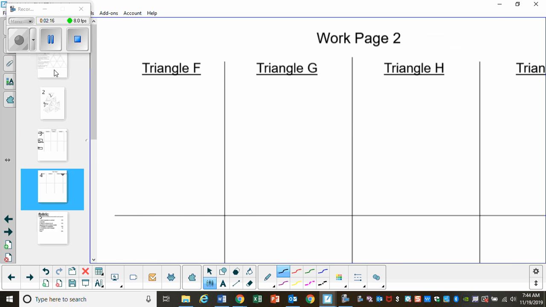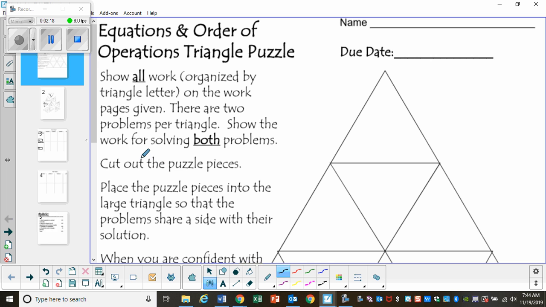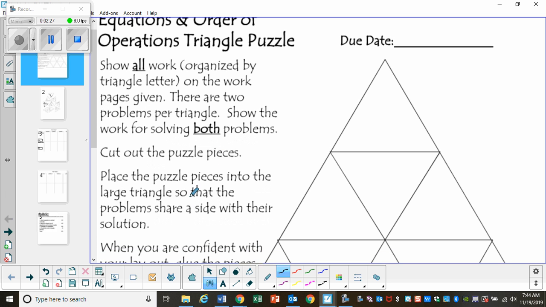So let's go back to the project directions. Okay, once you've shown all the work, you're going to cut out the puzzle pieces, and you're going to place the puzzle pieces into the large triangle so that the problems share a side with their solution.